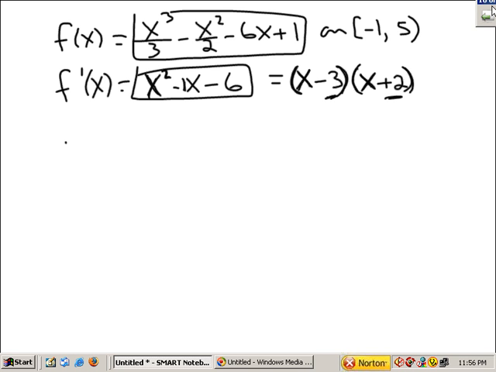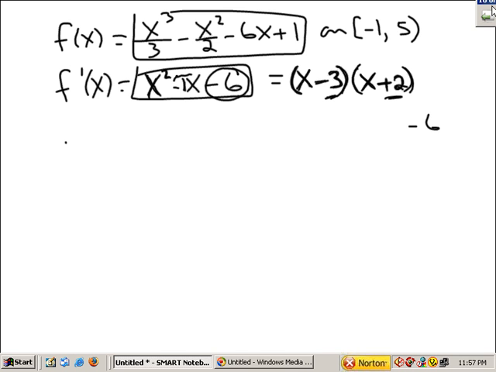And we need to find these two numbers. These two numbers should multiply out to negative 6, the constant, and add up to the number in front of x, which is negative 1. Well, negative 3 and positive 2. They multiply out to negative 6 and add up to negative 1.